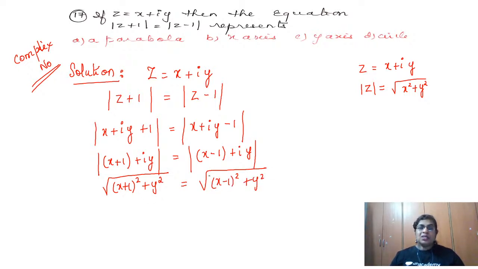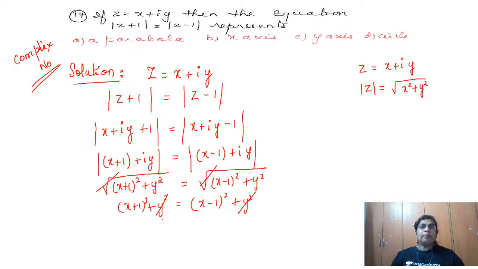Now if I square both sides, the square root will get cancelled. So what remained? x plus 1 the whole square plus y square is equal to x minus 1 the whole square plus y square. So plus y square gets cancelled from both sides.